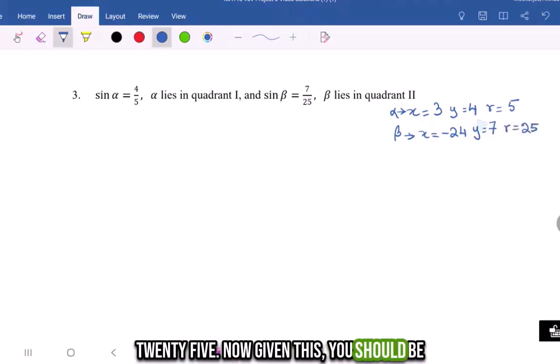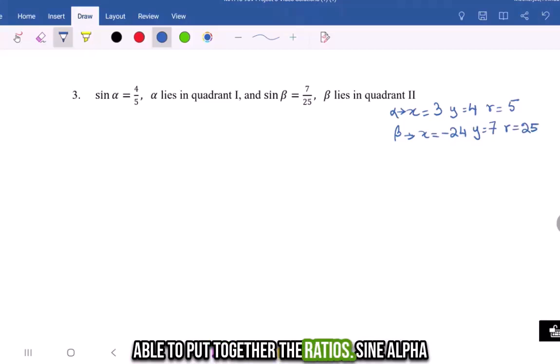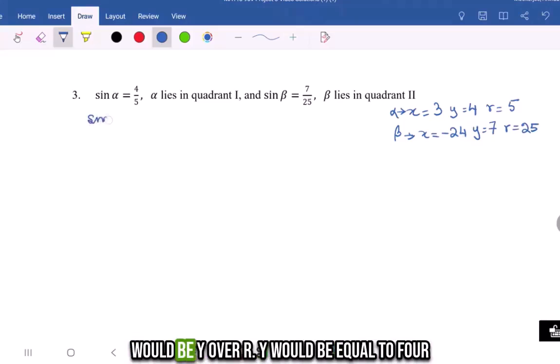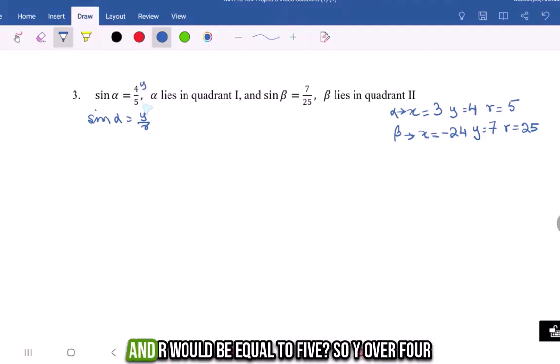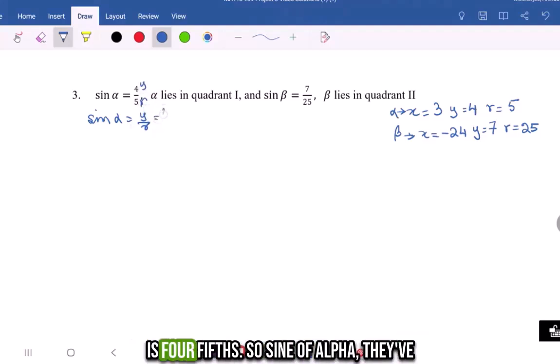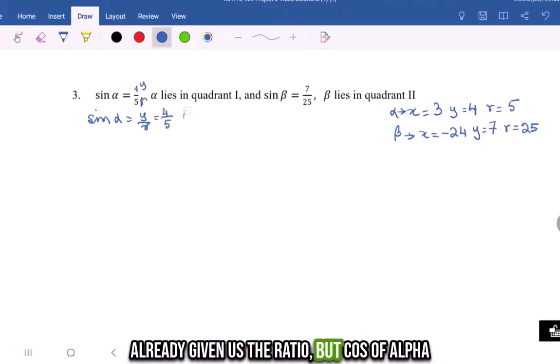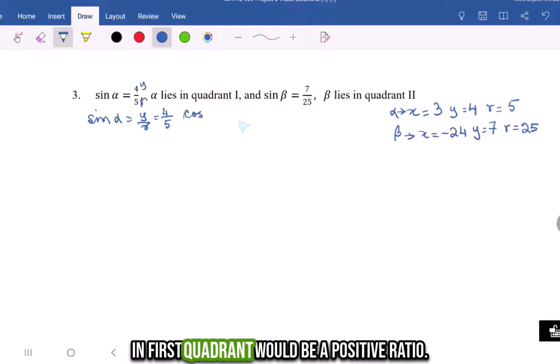Now, given this, you should be able to put together the ratios. Sine alpha would be y over r. Y would be equal to 4 and r would be equal to 5. So y over r is 4/5. So sine of alpha, they've already given us the ratio, but cos of alpha in first quadrant would be a positive ratio.